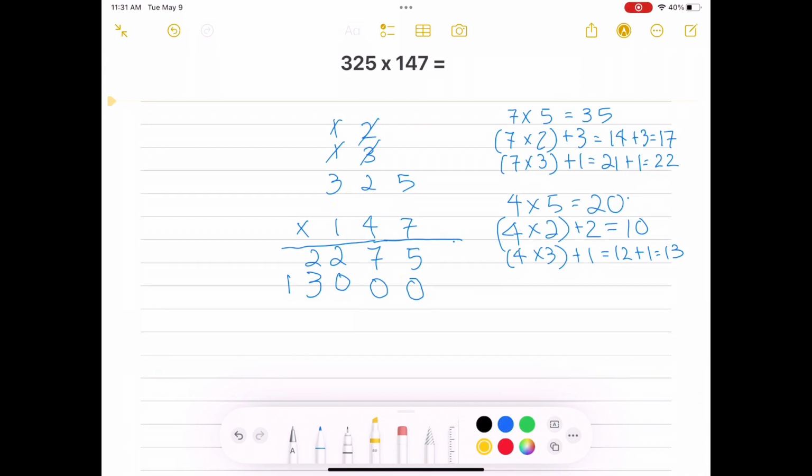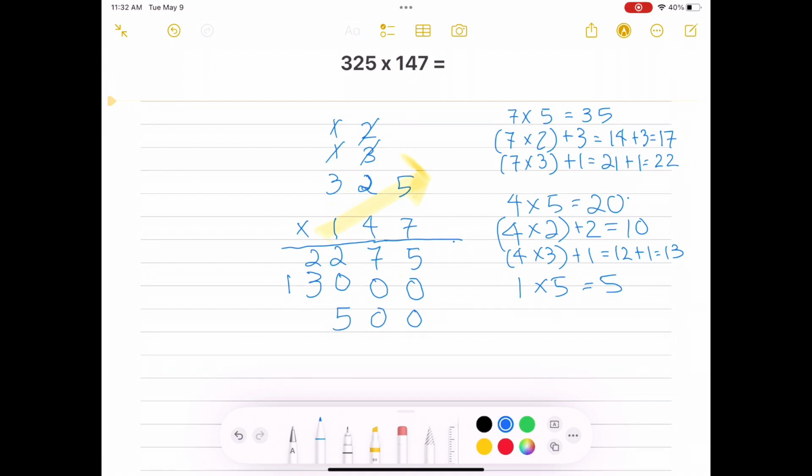Now we're ready to multiply the hundreds digit from the lower row by the ones digit of the top. So that's 1 times 5. Oh, but first we need to write our 2 placeholders in the ones column and the tens column.